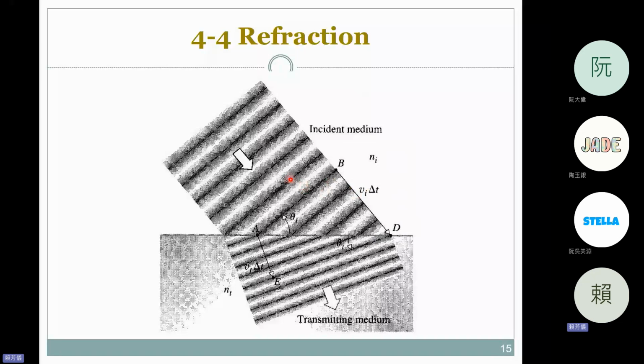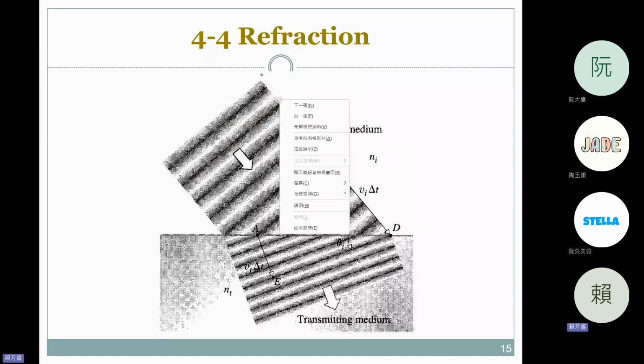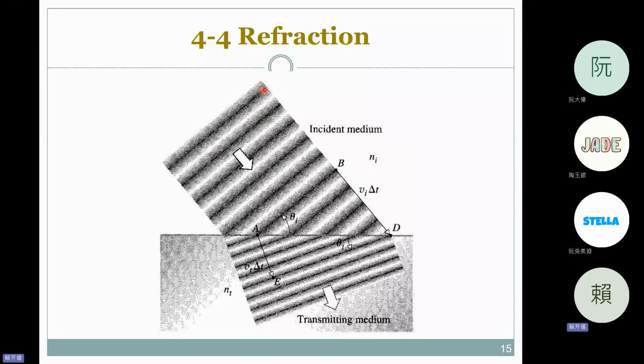Okay, so let's go down to refraction, and this also uses the waveform to construct the refraction. You can see that the black part is the top of the wave, and this is another type of wave.